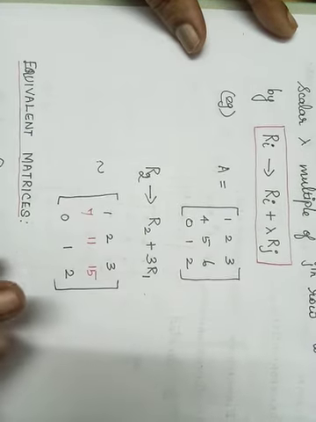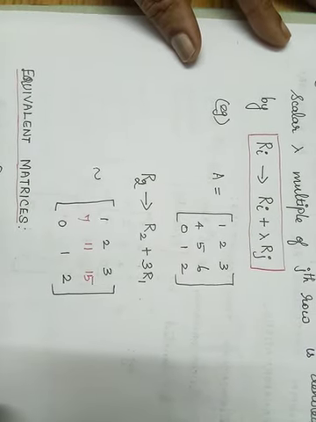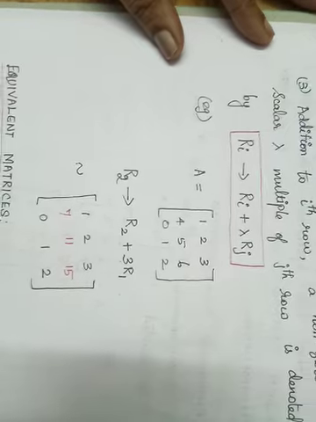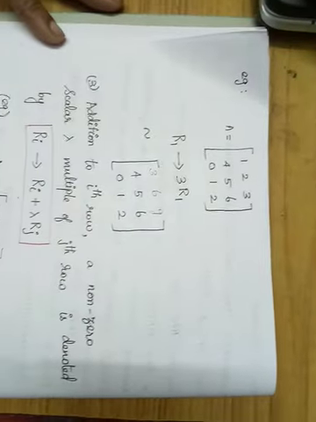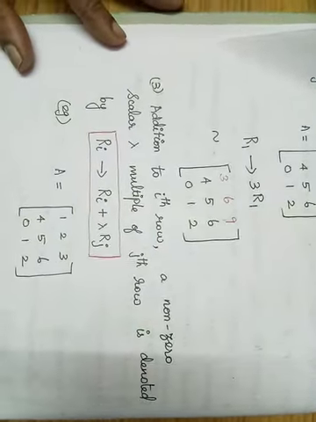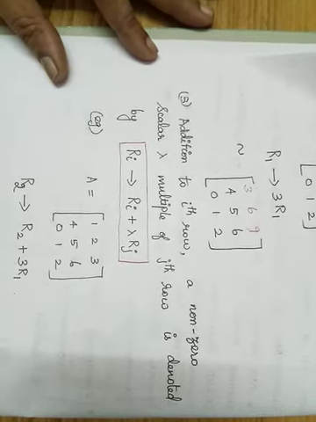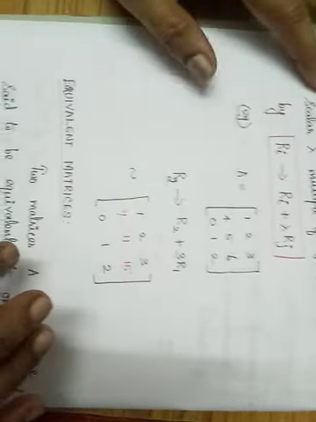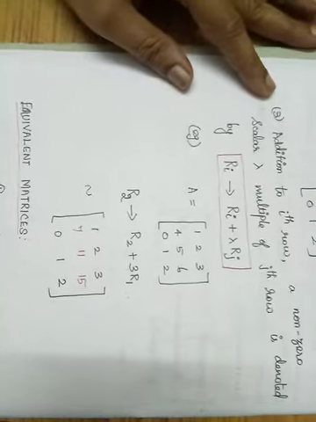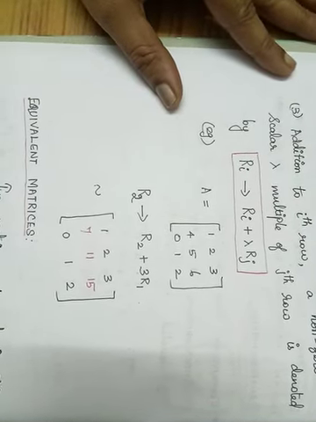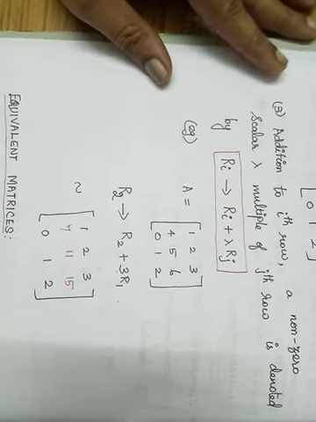One is interchange of any two rows, the second one is multiplication of each and every element of one row by a non-zero scalar lambda, and the third one is a non-zero scalar multiple of any one row added to another row.